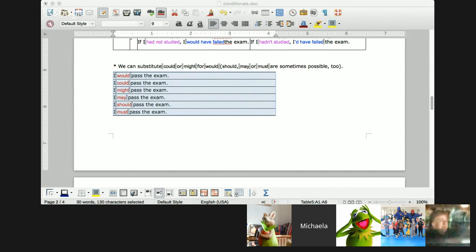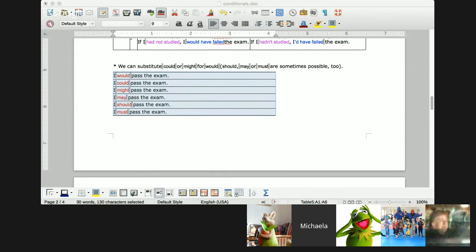Okay, so they both could possibly be talking about the present, the past, or the future, depending on how we use them and which conditional we're looking at. But you're right, you said something about ability earlier, and could talks more about ability. So if I say I could pass the exam, I'm saying I'm able to pass the exam.